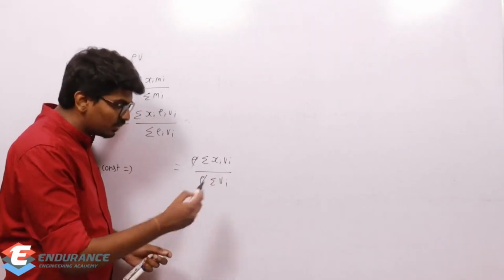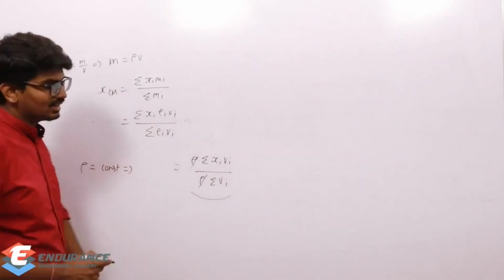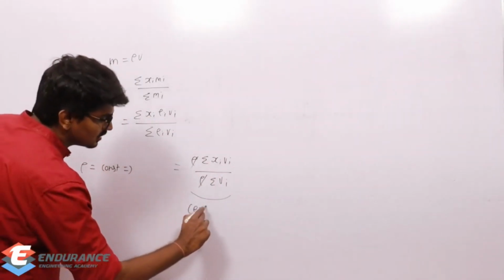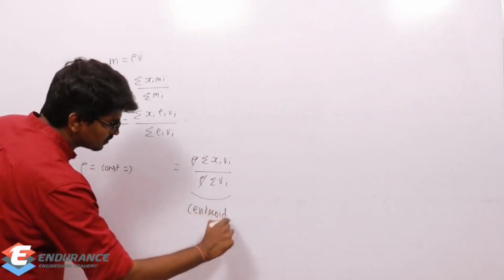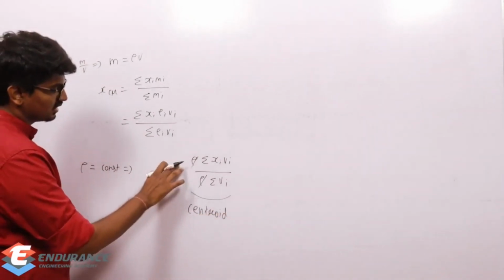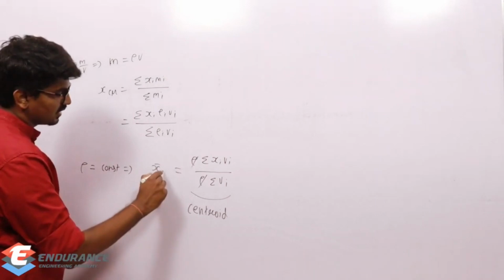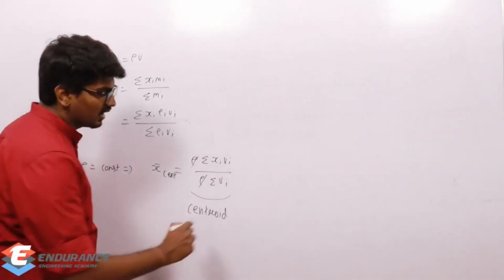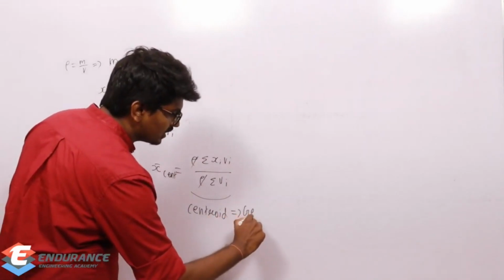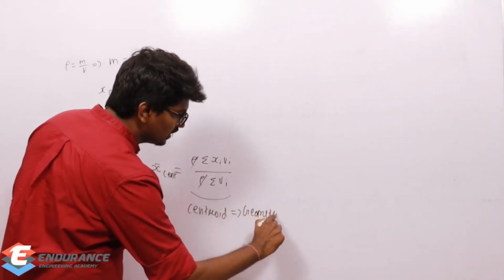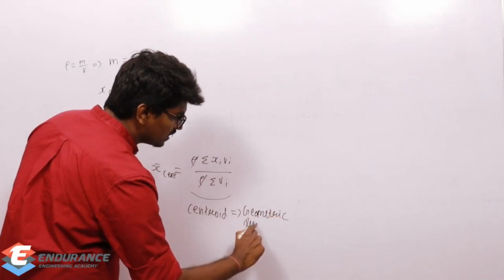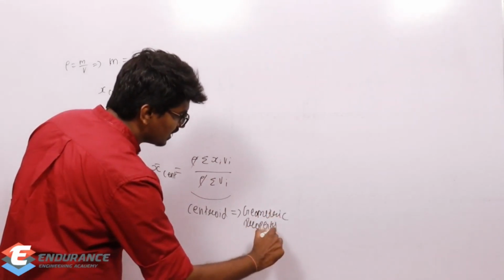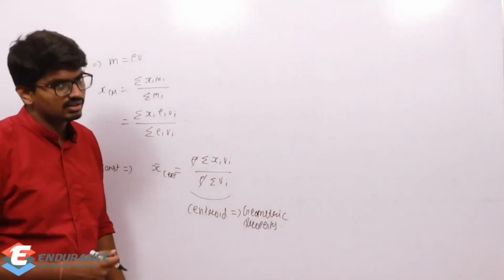Or geometry. And that is called the centroid. So we will just write it as x bar centroid. So centroid is simply a geometric property. It depends only on geometrical variation, geometrical distribution.